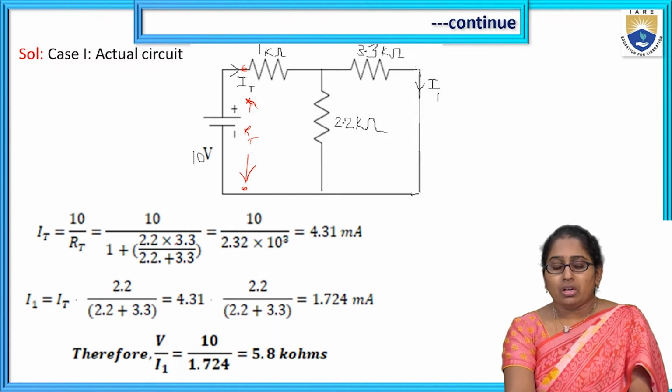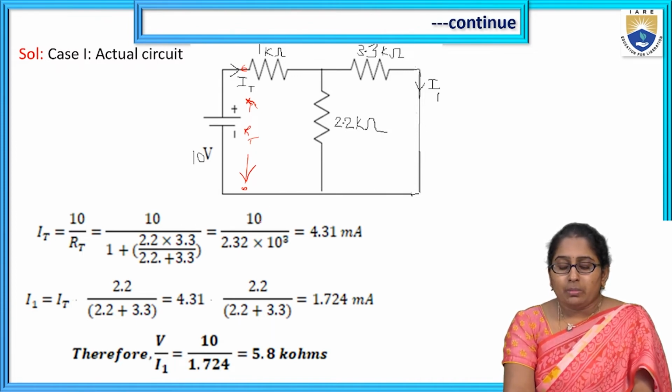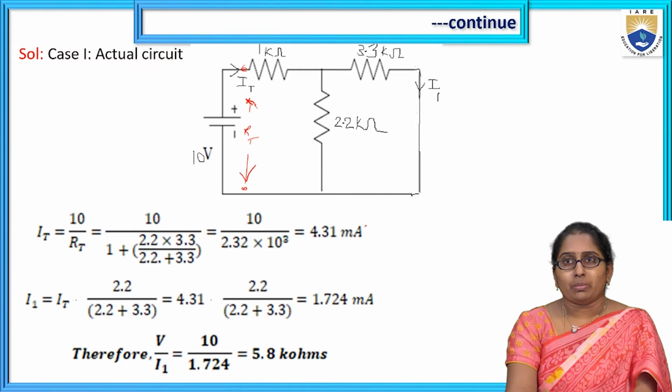That is how RT is calculated. So 10 divided by the RT value, 2.32 times 10 cubed, gives IT as 4.31 milliamperes.